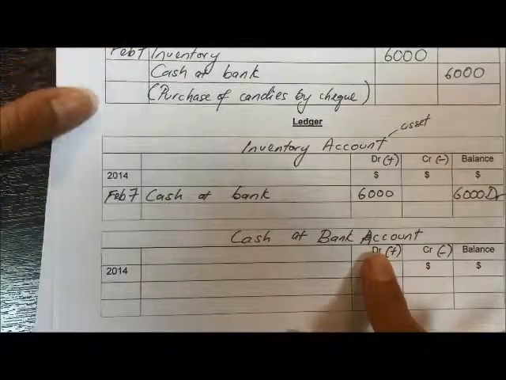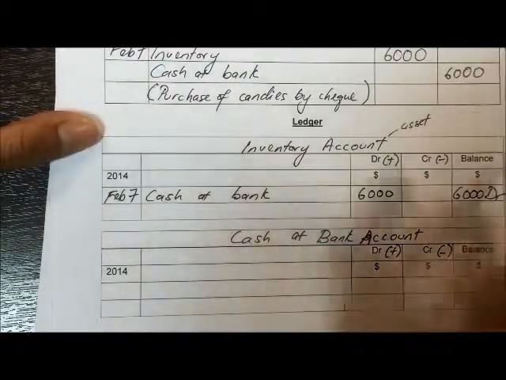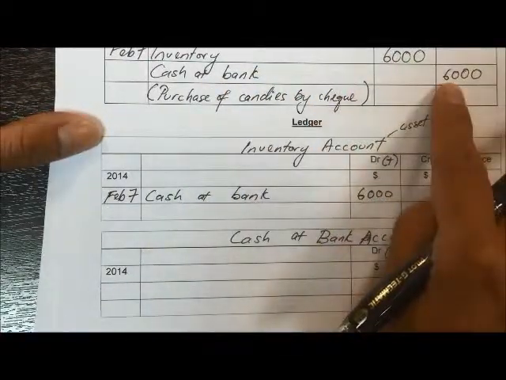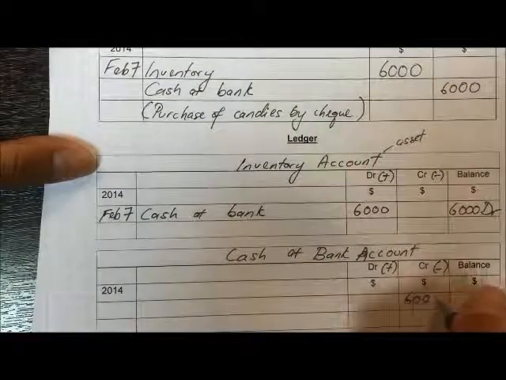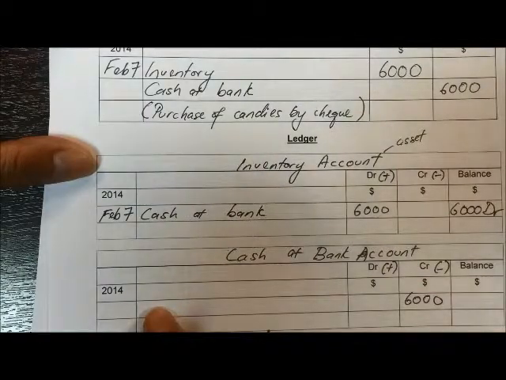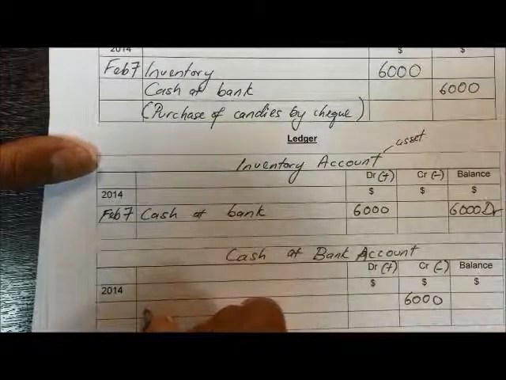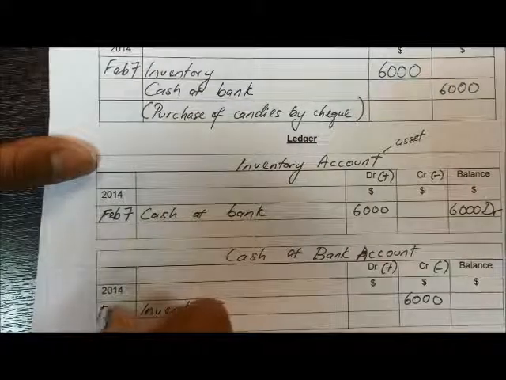Next, since we buy and we pay by check, there will be a decrease in our cash at bank account. So credit the cash at bank account, enter this on the credit side, $6,000. Write down the account name, which is inventory, and the date.